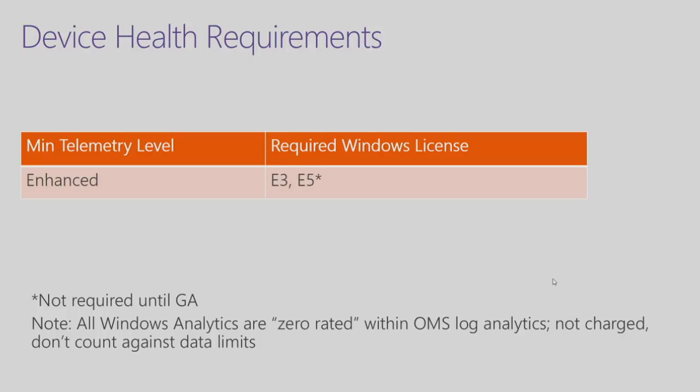We've done that for years to find bugs and fix problems, in standard telemetry scenarios. What's new and novel about Windows Analytics is that we're taking that same telemetry data that would normally leave the machines and come to Microsoft for us to find problems and look for solutions, and shunting it back to you in the form of an OMS workspace, so that you can see problems and deploy solutions.